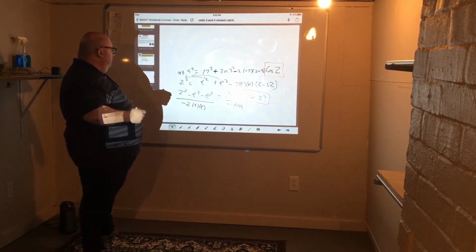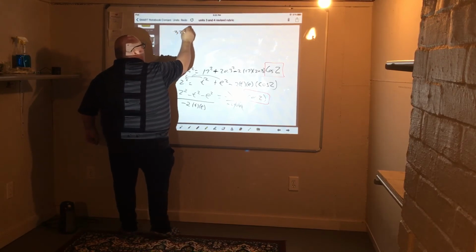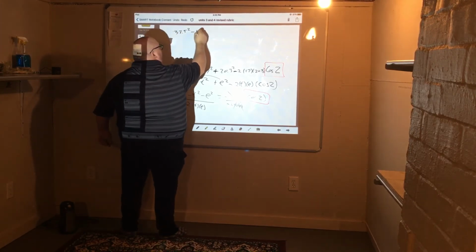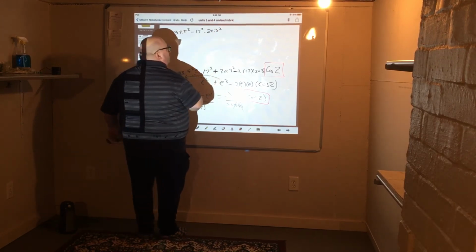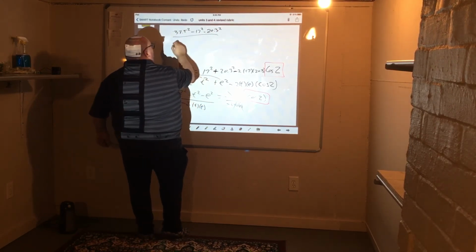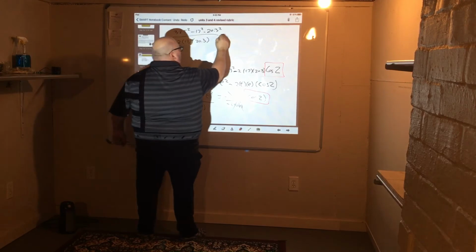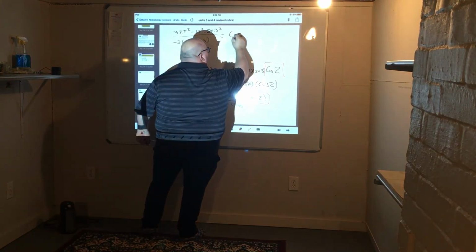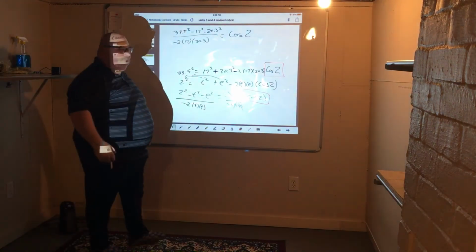So, in our formula then, we will have 33.5 squared minus 17 squared minus 20.3 squared, divided by negative 2 times 17 times 20.3 is equal to the cosine of our angle z over here, right?